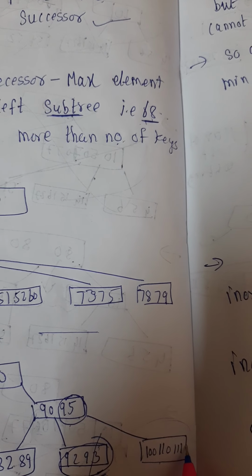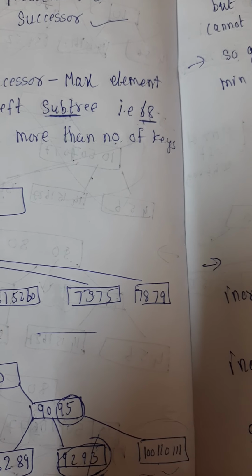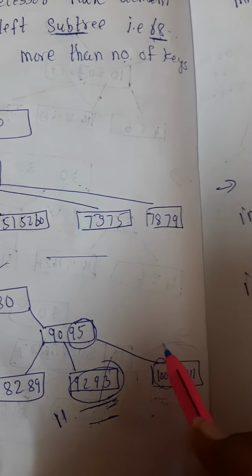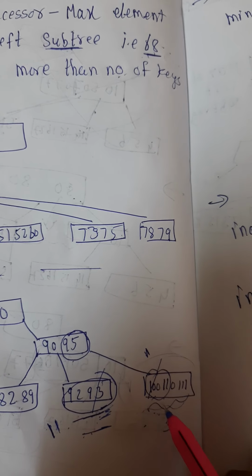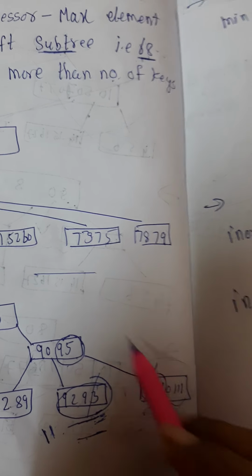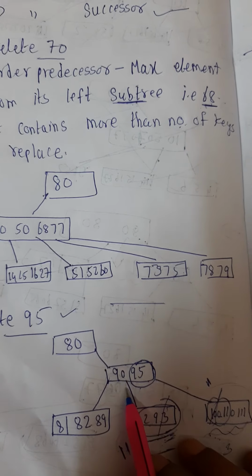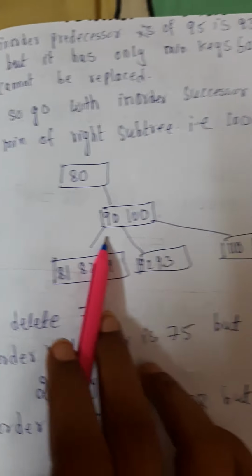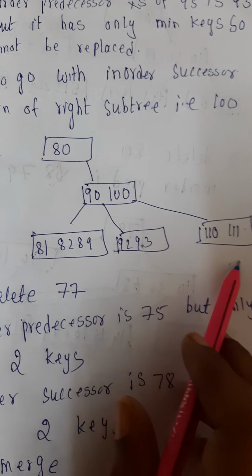Now check with the in-order successor. The in-order successor is the right subtree minimum element. So the right minimum element is 100. Since it is 100, if you delete it, how many keys do you have? 3. Now if you delete 100 also, it will not be a problem. So this 100 can be replaced now. So that is the thing, 80. Now this 90, this 100 I am replacing, and this is the thing I have.